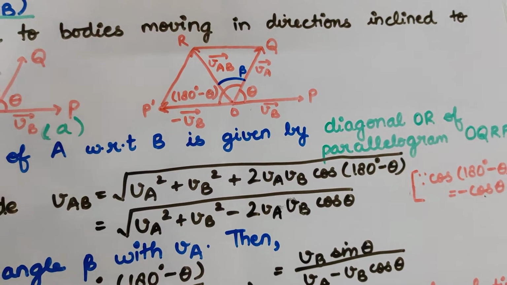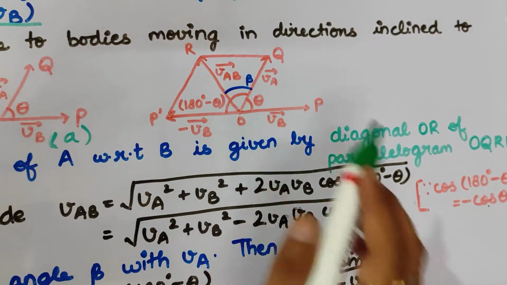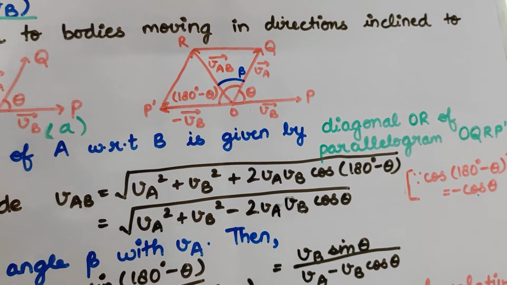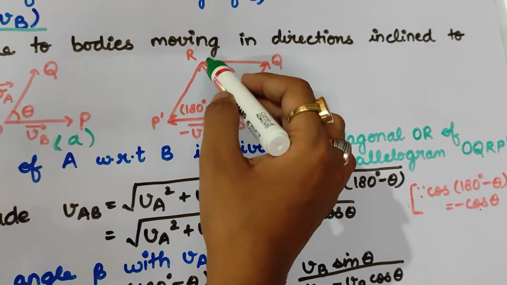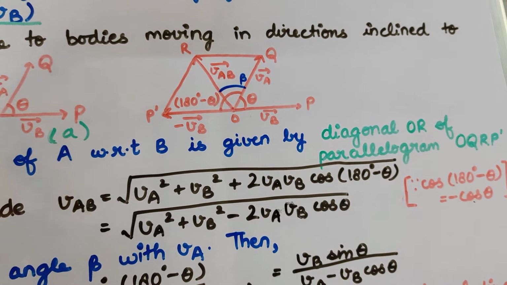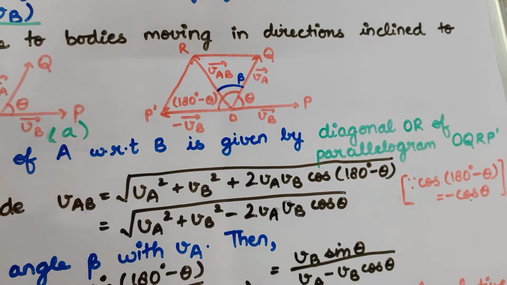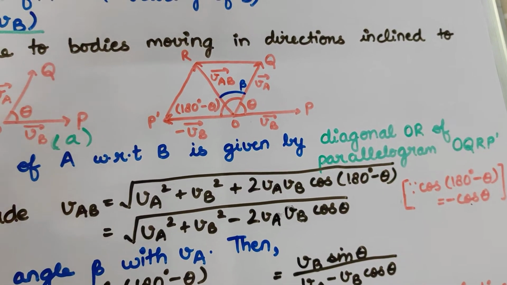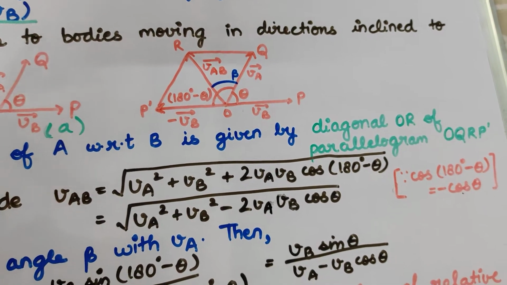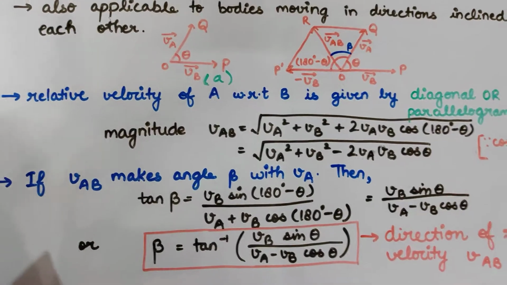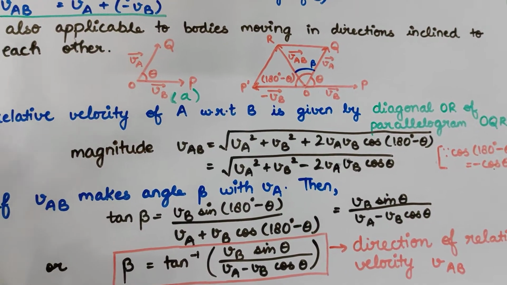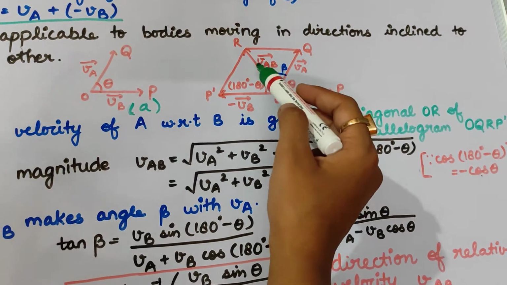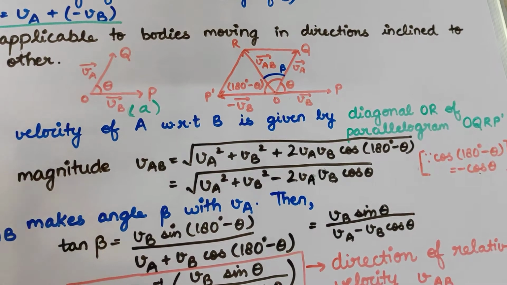According to this law, if two vectors are acting in opposite direction and making some angle with each other, then the resultant of this parallelogram will be the sum of these two vectors, which is VA and VB in this case. So here also the relative velocity of A with respect to B will be given by the diagonal OR, and we have written it as relative velocity VAB.